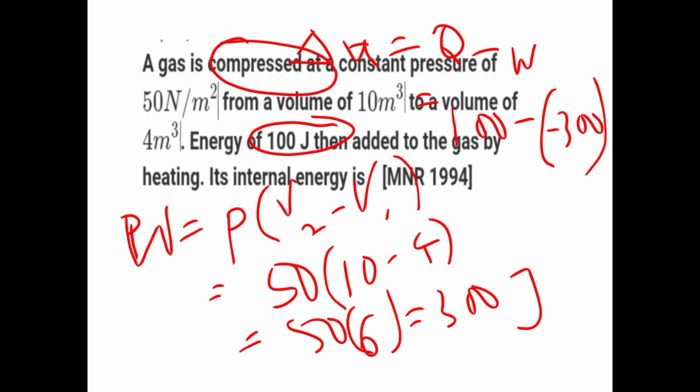Because it is being compressed, when the gas in a piston is compressed, it's not done internally, it's actually done externally. Because usually when you add heat to a system, there is meant to be an expansion. The piston is meant to increase. But compressing means that work is done on the system to compress the system. So that's why we have negative. And so 100 minus minus 300 will give us 400 joules.